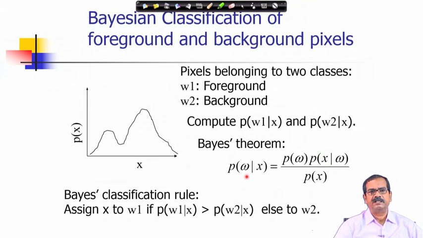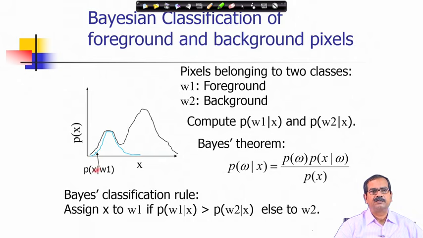It is easier to compute this quantity than this quantity directly, because this is called the likelihood. We can assume that the pixels around this part form a class distribution coming from the foreground pixels, and we can assume it is a Gaussian distribution.